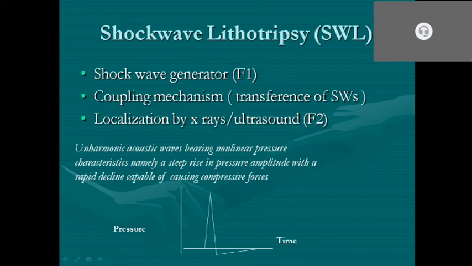You have to localize the stone by X-ray in the OT or ultrasound, and then focus the shock wave generator to deliver the focused shock wave to the stone. You have to focus in such a way that the maximum shock wave is directed toward the stone with minimum dispersal of the shock waves to the adjacent organs.